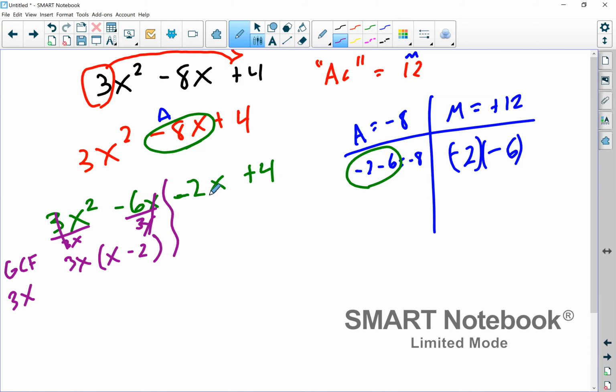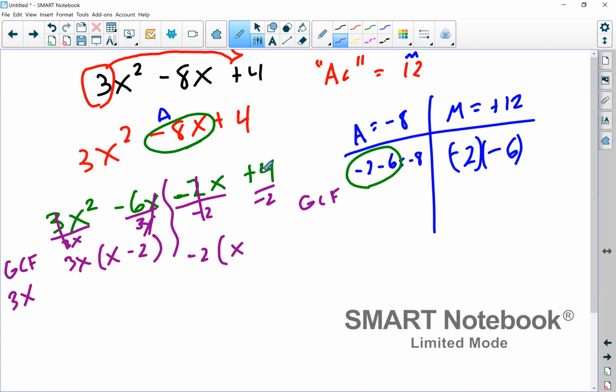Now we look at this side. Do they have a variable in common? Nope. Could I divide both numbers by 2? Yep. And to make our lives easier, we're going to divide by this -2. There's -2 on the outside. -2 divided by -2 cancel out.